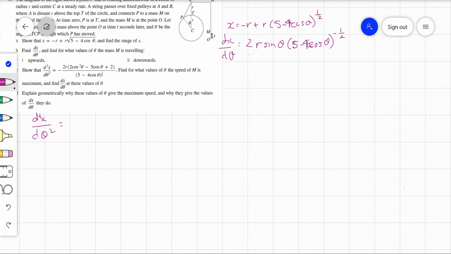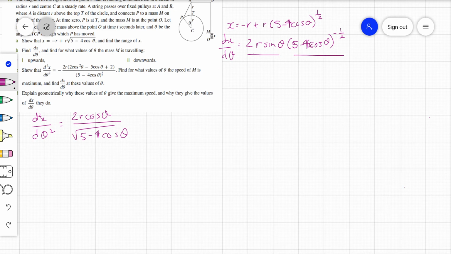Alright, so now we're up to the second derivative, acceleration. If I just take this first bit here, u dash would be 2r cos theta times v, which is just that square root of 5 minus 4 cos theta. Then we're going plus, now find the derivative of this section.